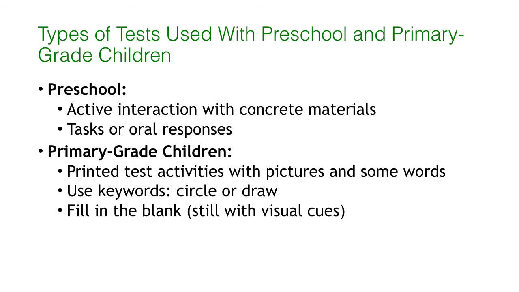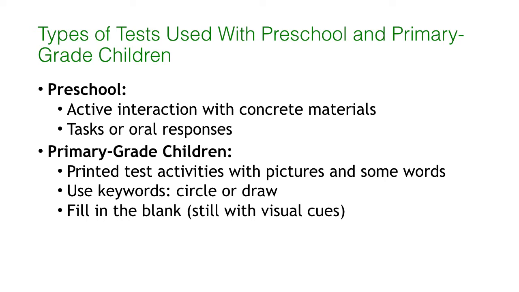So there are different types of teacher-designed tests that are used with different age groups. For preschool students, concrete materials or concrete tests are often given and they get their oral responses or physical responses like pointing or looking at something to indicate the correct answer, right? For primary grade students, or children who can read now, the teacher-designed assessment begins to include printed test activity with pictures or some written words.